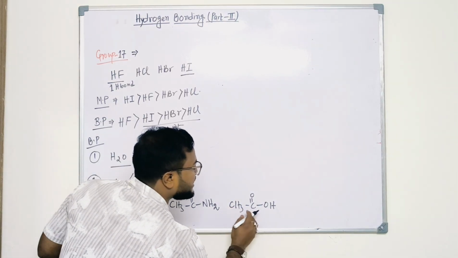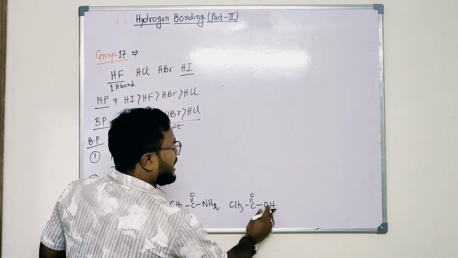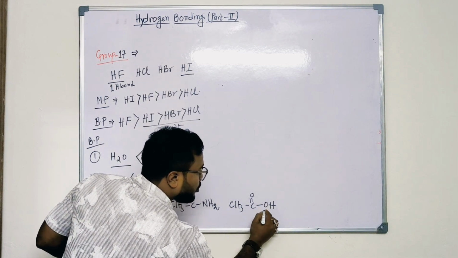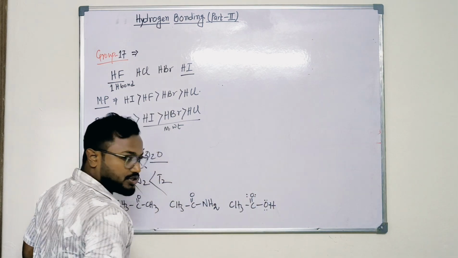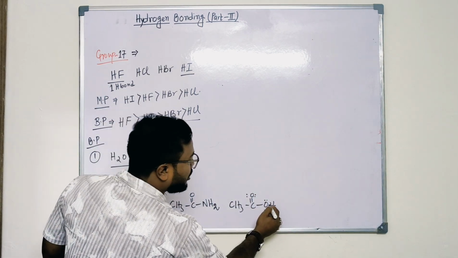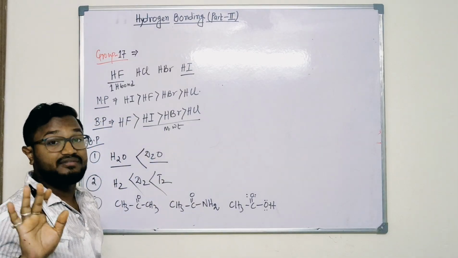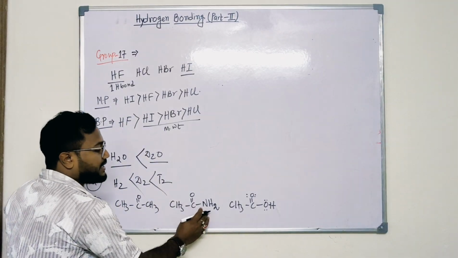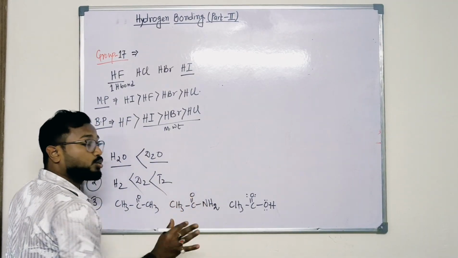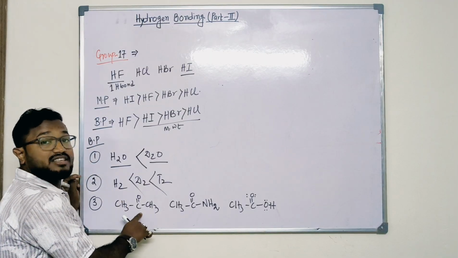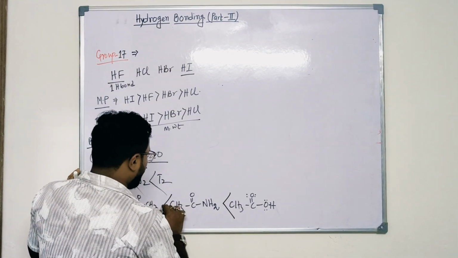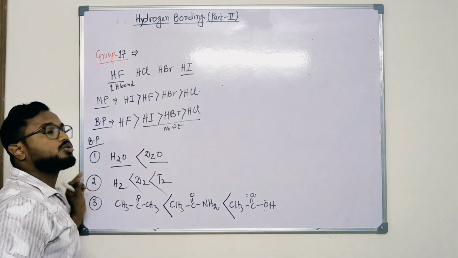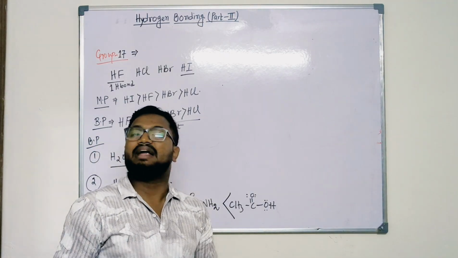In the acid, there are 2 lone pairs, here also 2 lone pairs, total 4, and 1 OH bond, total 5 hydrogen bonds. In the amide, NH2 gives 2 and here 2, 4 hydrogen bonds. In acetone, no hydrogen bond. As a result, the acid has more boiling point. So these are the logics to decide hydrogen bonding.